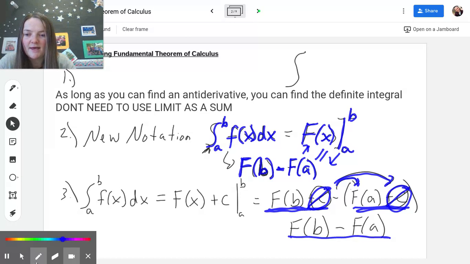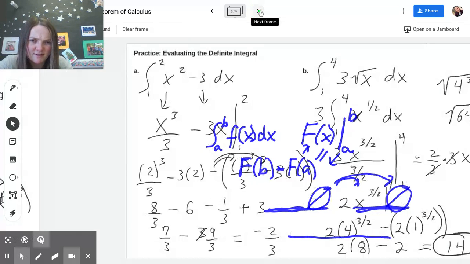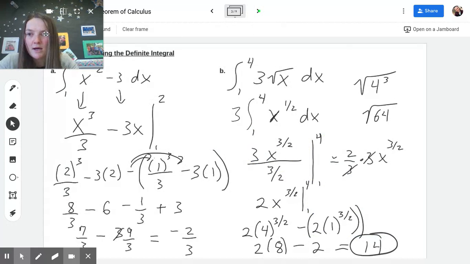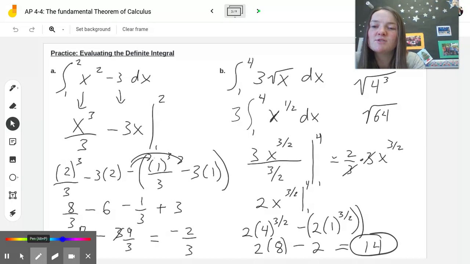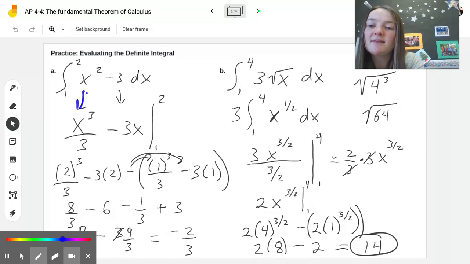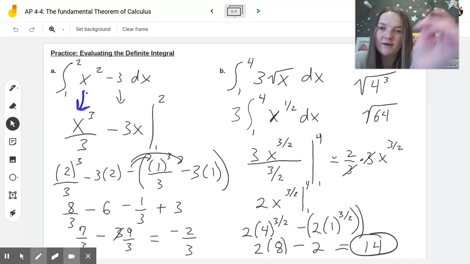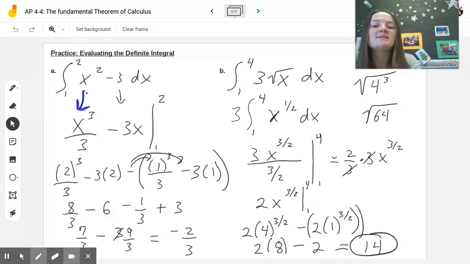Okay, let's move on to an actual example because I feel like you just need to practice these. All right, so the first one, I want to know what's the integral from 1 to 2 of x squared minus 3. So the first thing that I'm going to do here is take the antiderivative of x squared, which is x to the 2 plus 1, which is 3, divided by 2 plus 1, which is 3.